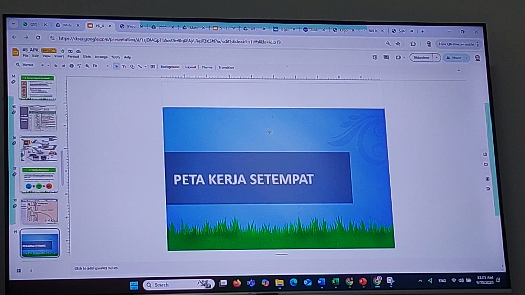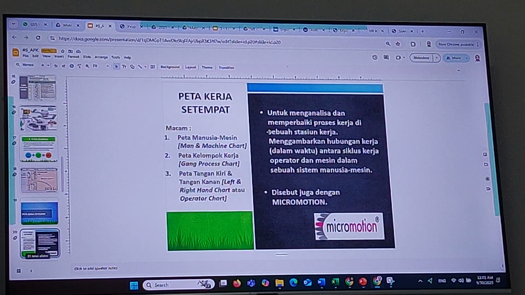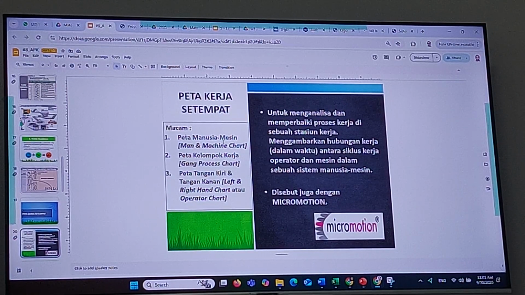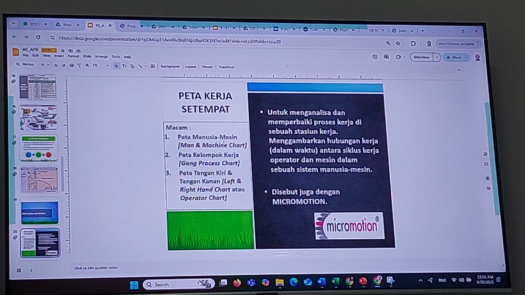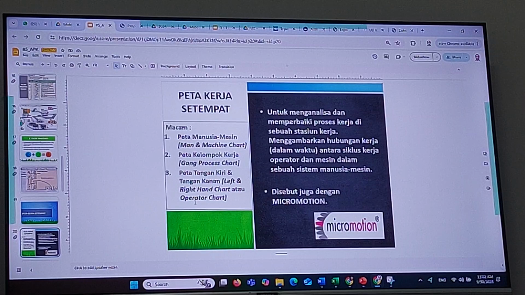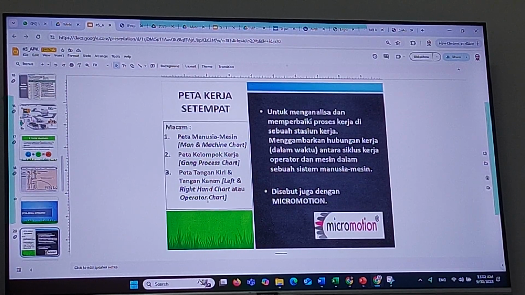Then for the next, the main machine chart, it is part of route and also for the local process. For the local, it is called main machine chart, gang process chart, and also left and right hand chart, or operator chart.